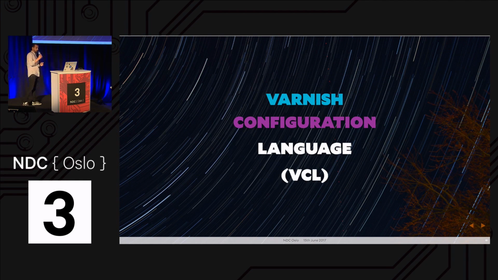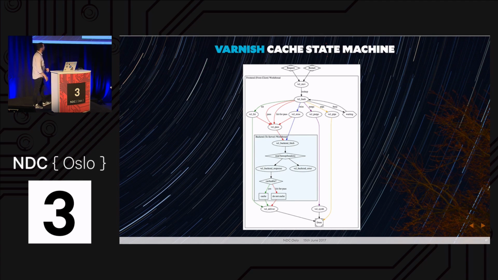So now I'm going to talk about the Varnish Configuration Language, which allows you to configure this logic in your Varnish server. This is a state machine of the Varnish language. I'm not going to go through all the detail. It's quite complex, but it's just to give an overview of how many things are going on inside the Varnish server.